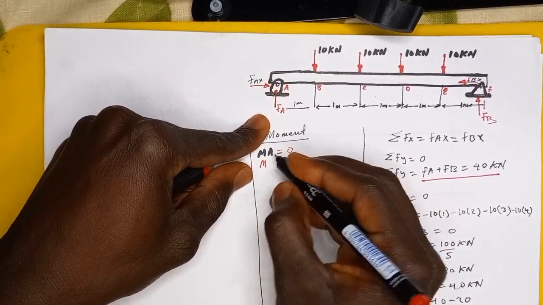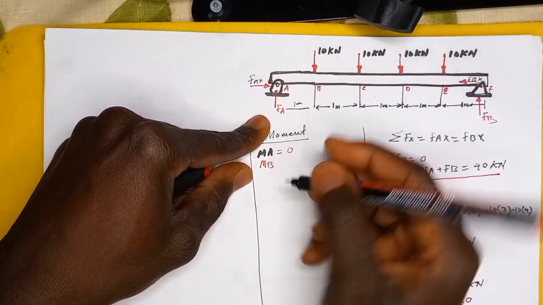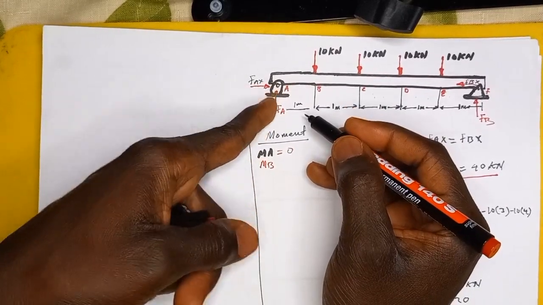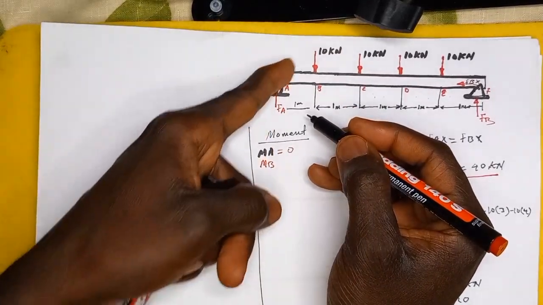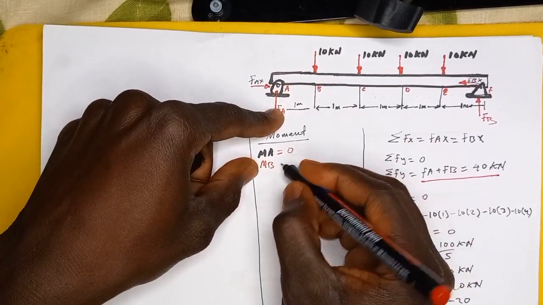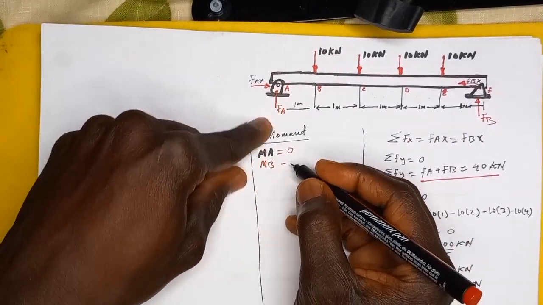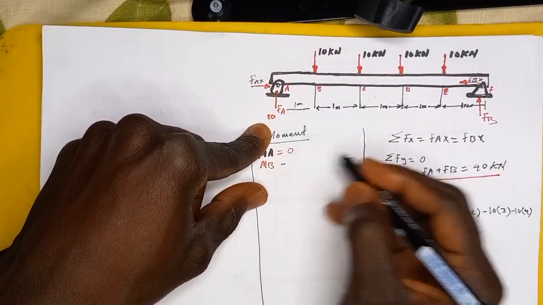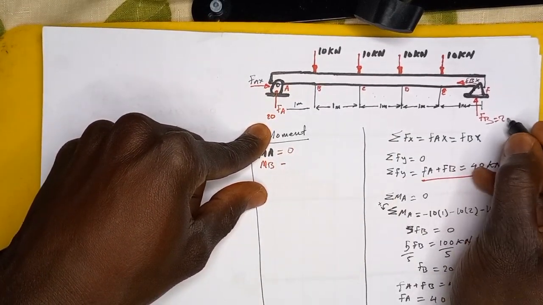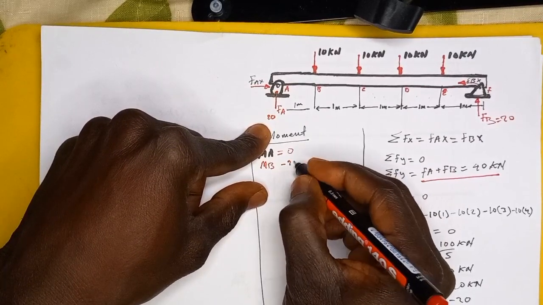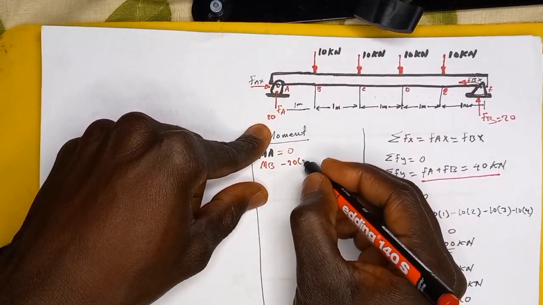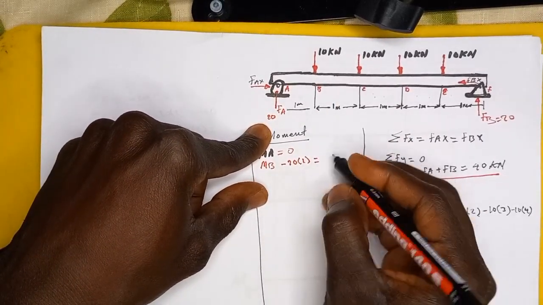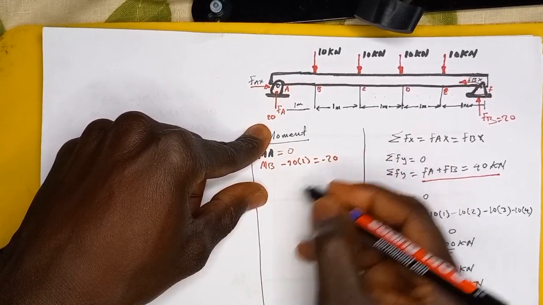And the moment about point B, this point, there is one force here which is going in a clockwise direction, and that is going to be negative. The force here is 20. We already solved for that. So it's negative 20 times the distance, which is 1, giving us negative 20 here.